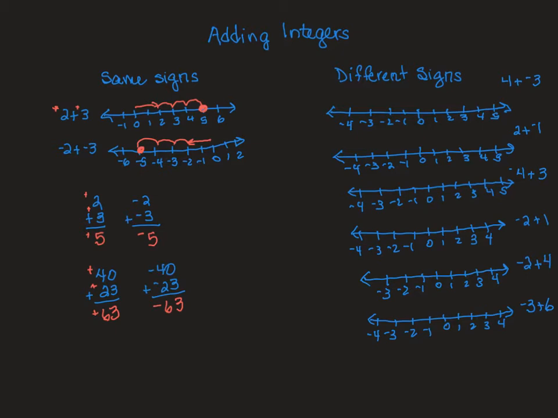So I start at 4 right here, and I go negative 3. I'm adding negatives, so I'm going in the negative direction. And so 1 is my answer. But notice, my answer is still positive, so that equals 1.